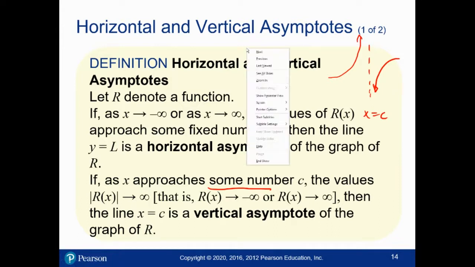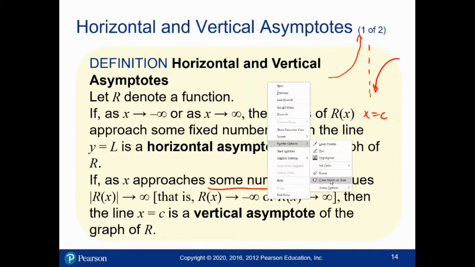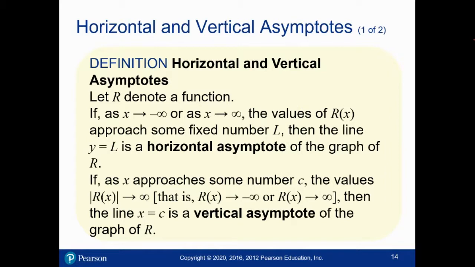Okay. The other definition on this slide is horizontal asymptote, and that just says if the end behavior is going to a horizontal line. This is called a horizontal asymptote.